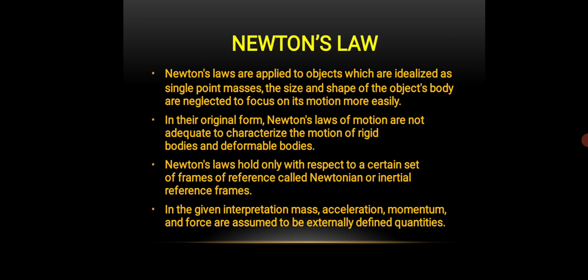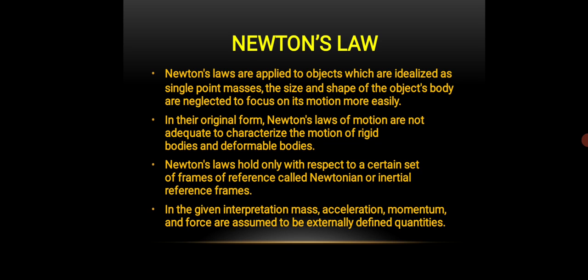What are the implications of Newton's laws? The laws are applied to objects which are idealized as single point masses, because we focus only on the motion, so the size and shape of the objects are not considered. In the original form, Newton's laws of motion are not adequate to characterize the motion of rigid bodies and deformable bodies.